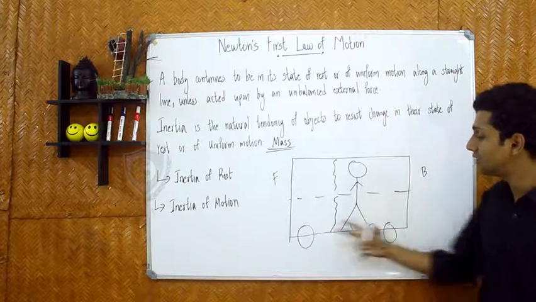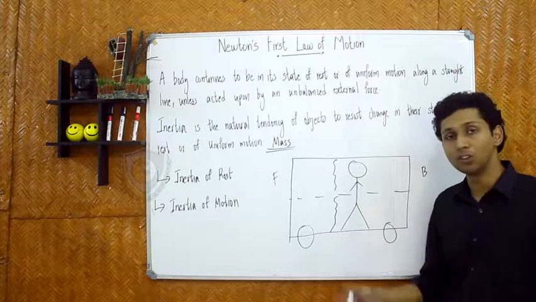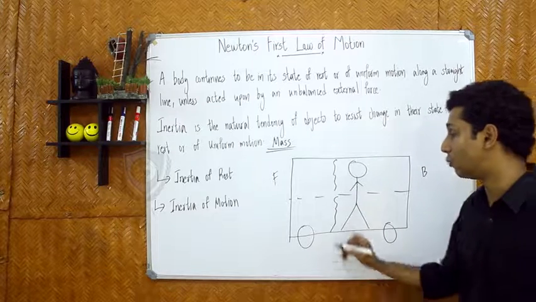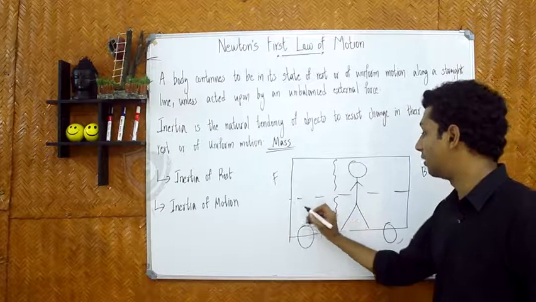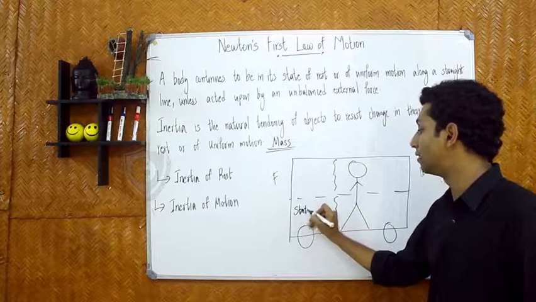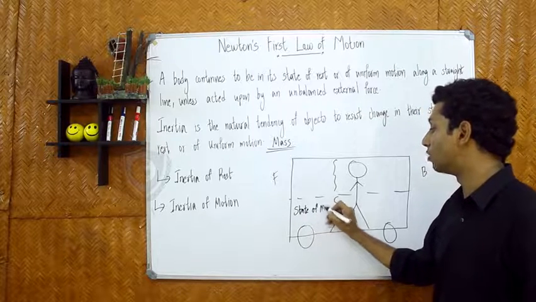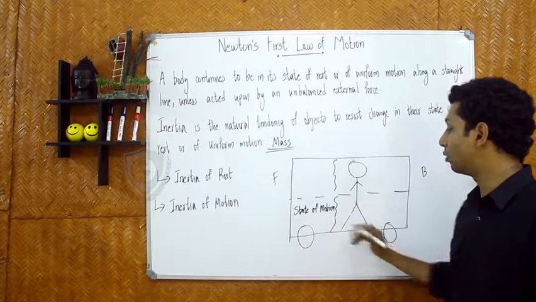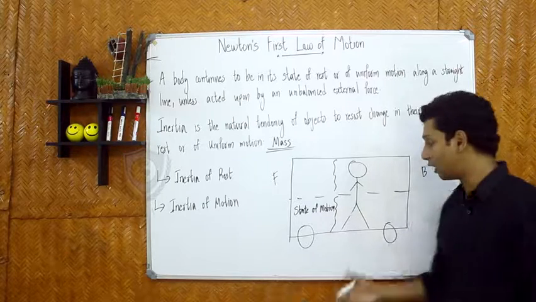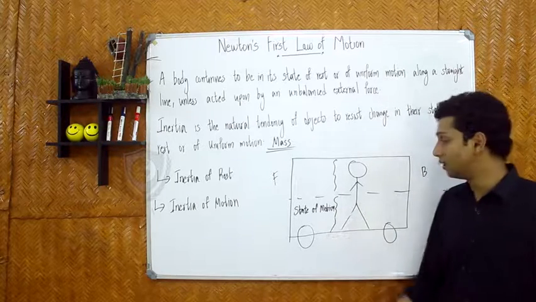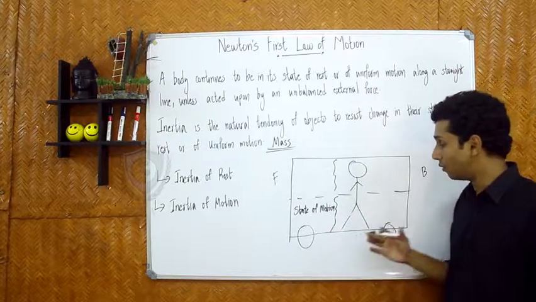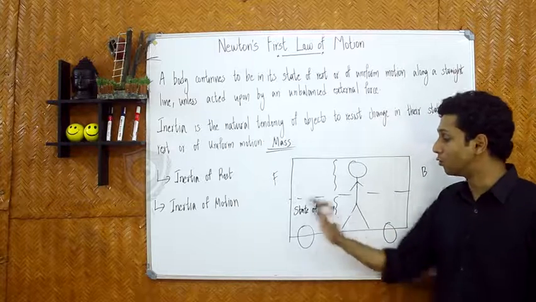So the lower portion would also be in the state of motion, because the bus begins to move forward. The lower portion of the person, which is in connection with the bus, would also be in motion.